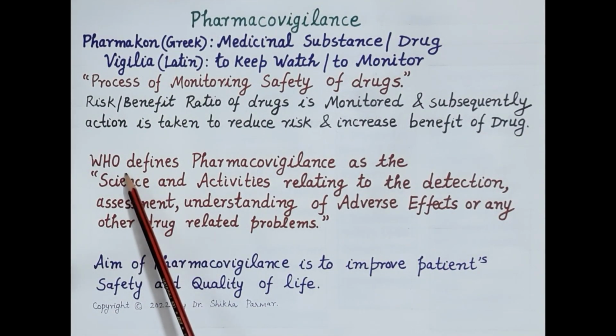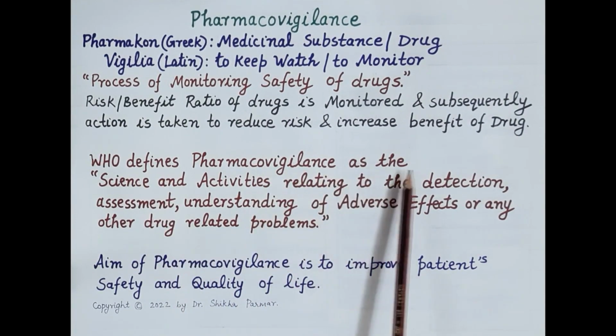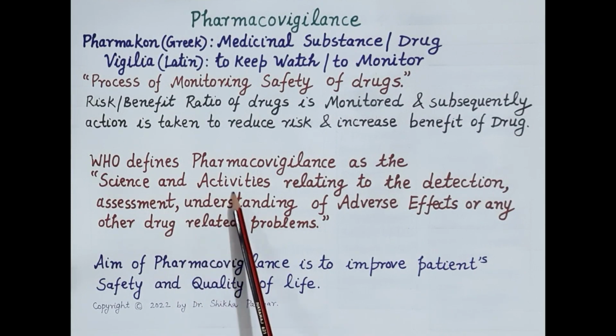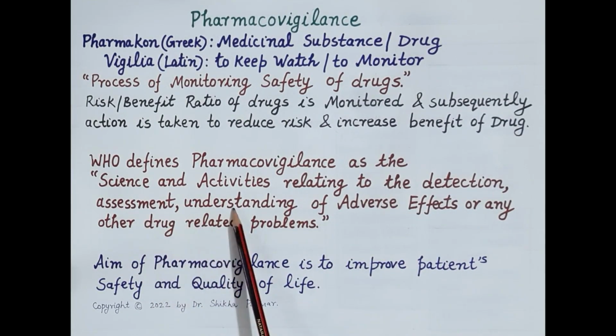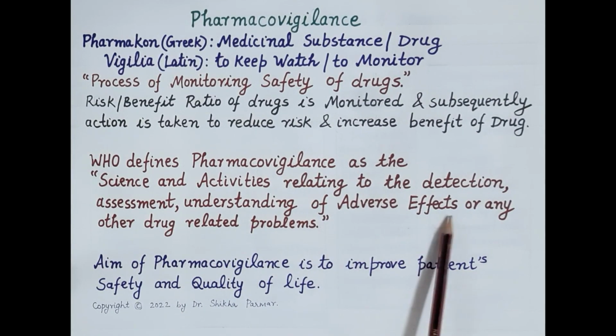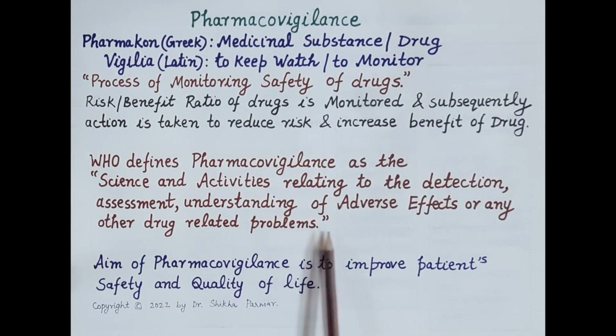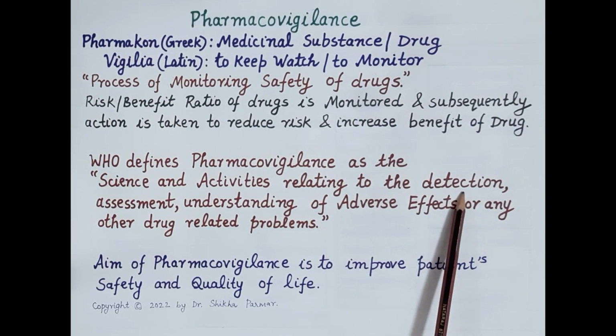The World Health Organization, that is WHO, defines pharmacovigilance as the science and activities relating to the detection, assessment, understanding of adverse effects or any other drug related problems. So pharmacovigilance is a process where first adverse effect is detected.